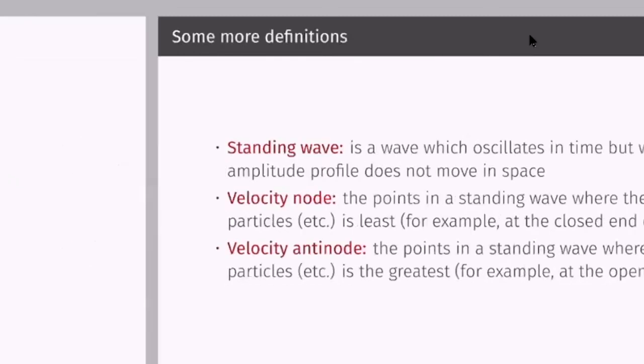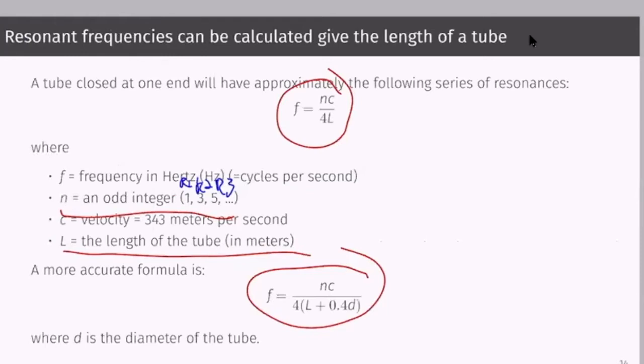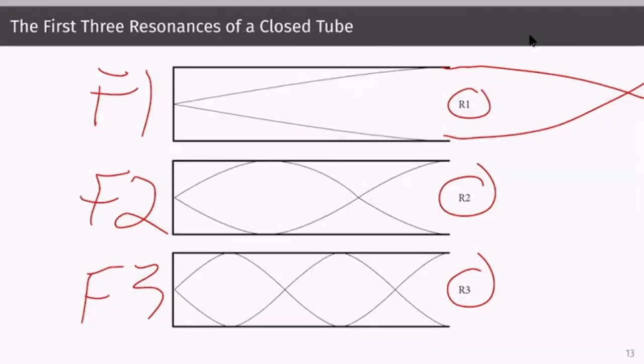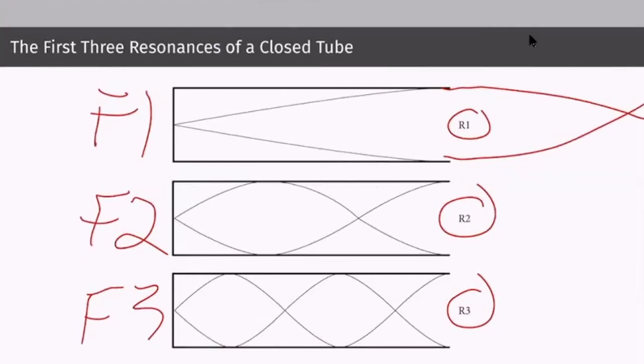So if we go back here, on this one for R2, where are the velocity nodes? How many velocity nodes are there?